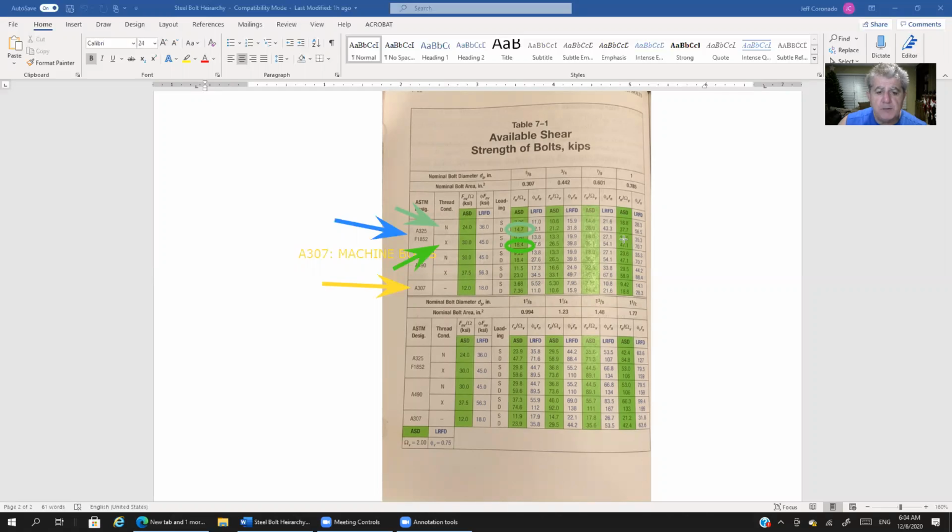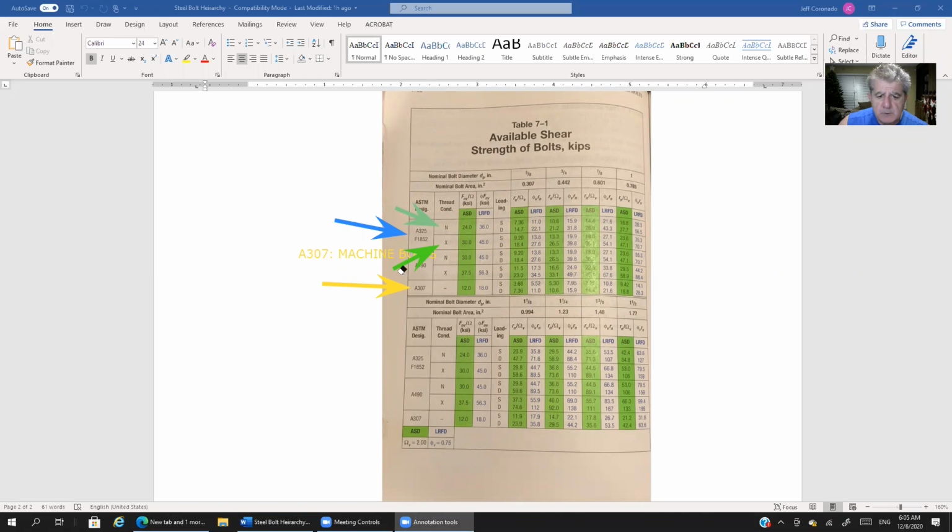So we go from A307 to A325N to A325X. Let me erase these two. And then lastly, I guess I need to erase this arrow.